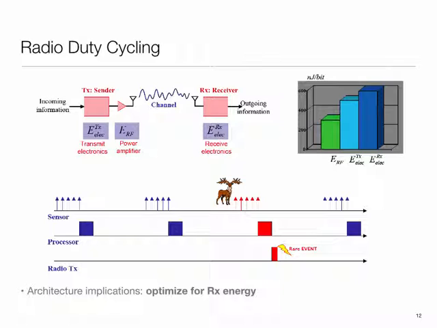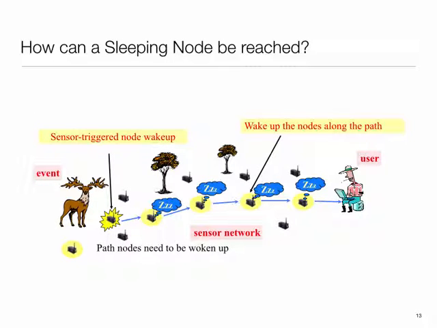Now that's very hard to do in a networking sense, because if it's a rare event, what should the receiver do? The receiver can stay up all the time, but we started out with the premise that in short range things, receiving is expensive. So what we would like to achieve is the following scenario: my nodes are all asleep, some rare event happens, and then the event somehow goes through.